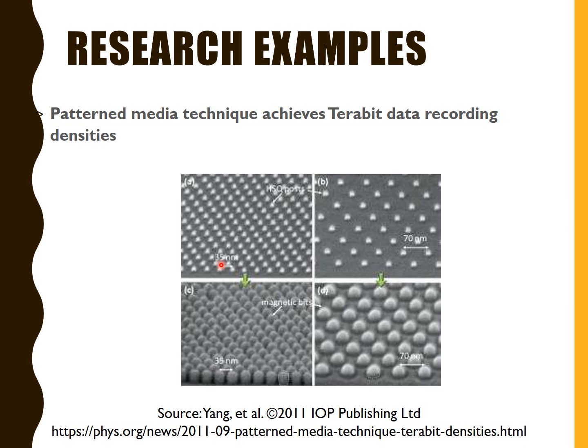The second step consists of the deposition of a magnetic film that is deposited onto the posts, and this turns them into magnetic bits. So all of this is a magnetic bit. Okay. All right.